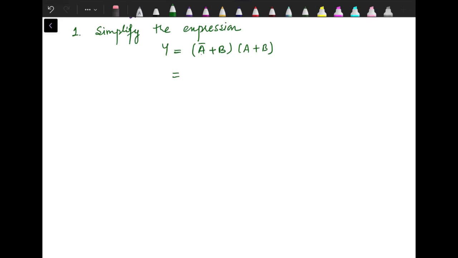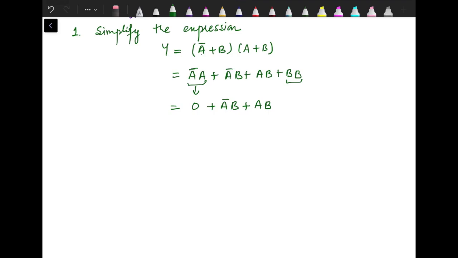When we expand, the first term is A complement into A, then we have A complement B, then AB, then B into B. As per the rule, any variable having an AND operation with its complement always results in 0. Then we have A complement B and AB.